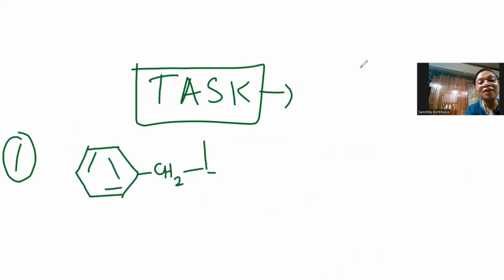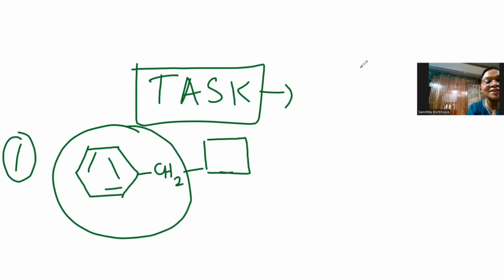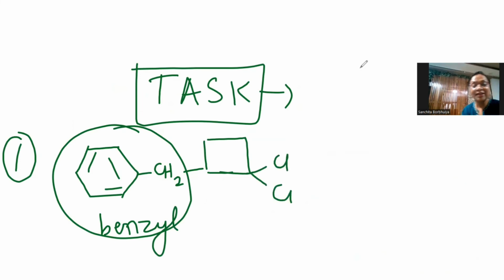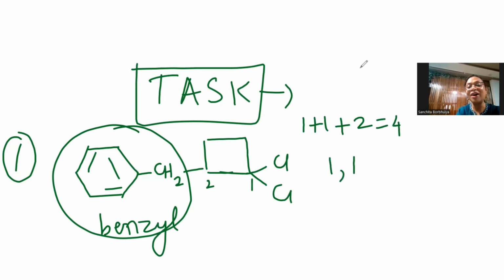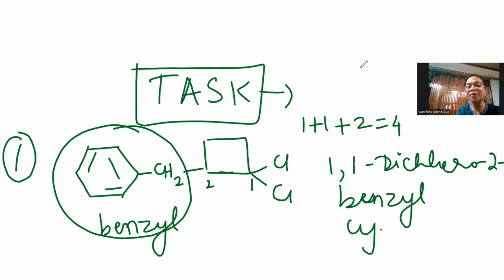I do not know if you really know what this group represents. Yes, it is benzyl. Those who know it, very good. Congratulations. You got it correct. And this is the numbering. Again, the lowest addition rule. So in spite of having B for benzyl, the lowest addition rule, 1 + 1 + 2, wins the game. And you have 1,1-dichloro, 2-benzyl, cyclopentane.